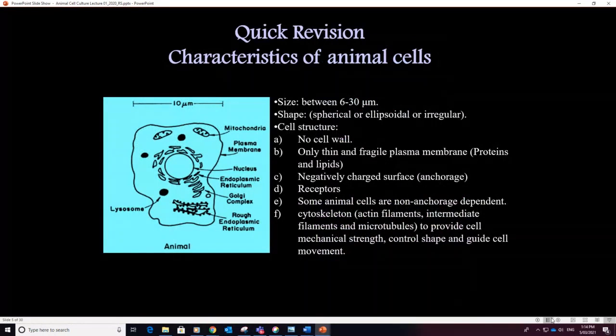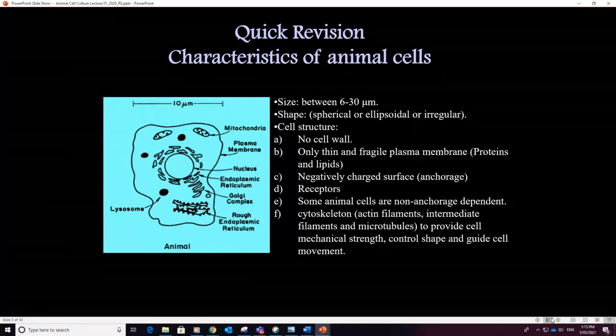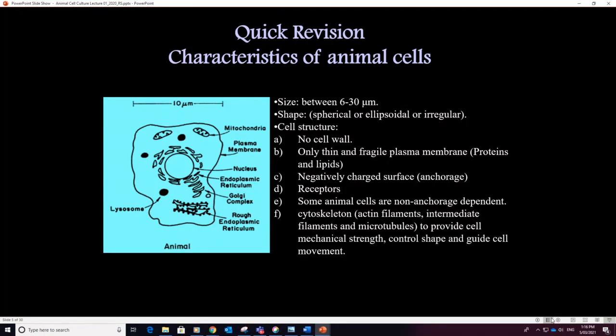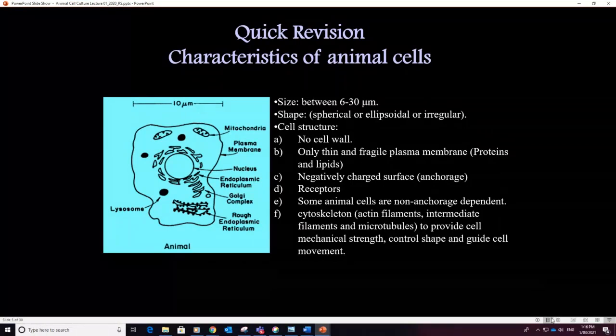Okay. So I'm going to give you a quick revision about the characteristics of animal cells, right? If you isolate these cells, they range from 6 to 30 micrometers in size. Can you guess which is the smallest cell? Yes, red blood cells are by far the smallest.